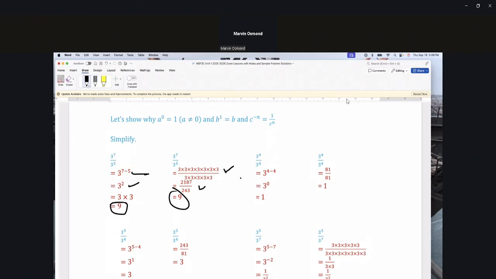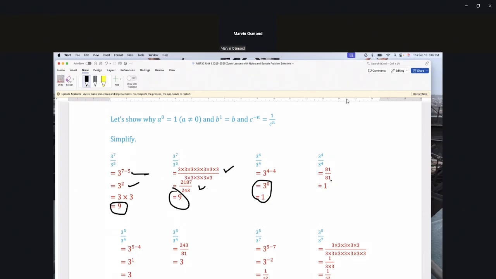Okay? Why is 3 to the power 0 equal to 1? Kind of doesn't make a lot of sense when you think about it, but let's work it out. So exponent laws, when we have a power and we divide, we subtract the exponents. So 3 to the power 4 minus 4 is 0. And we said that anything to the power of 0 is 1.